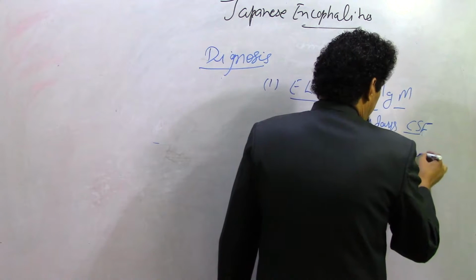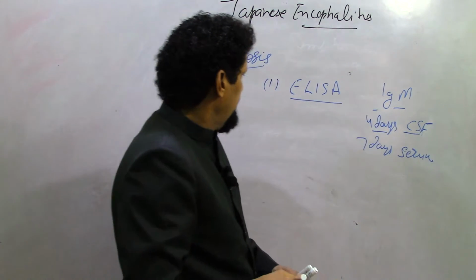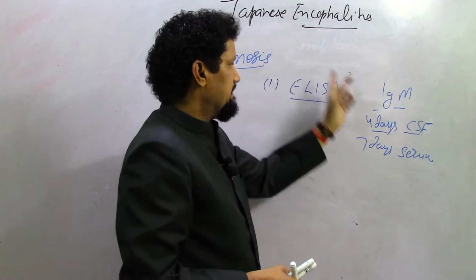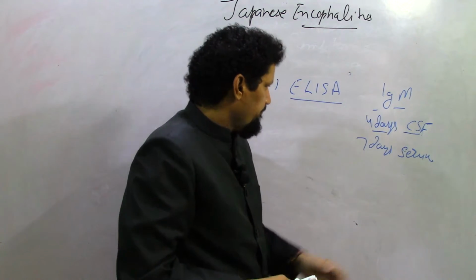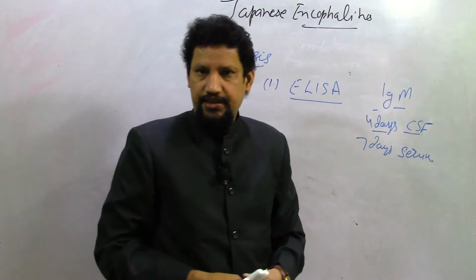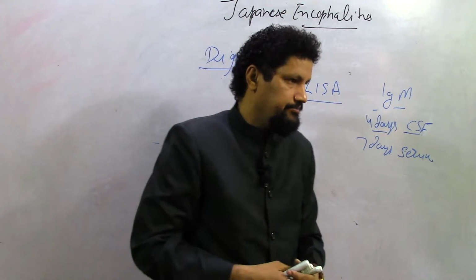So the ELISA captures the IgM, the virus specific antibodies, in CSF on 4th day and in serum on 7th day of the disease.